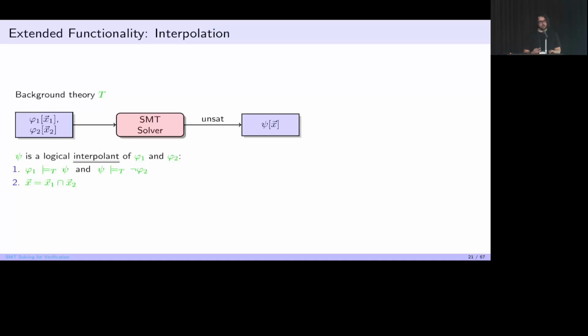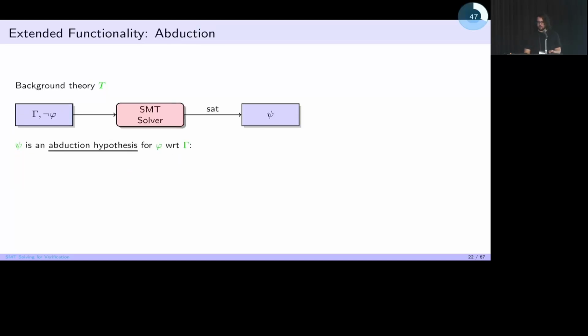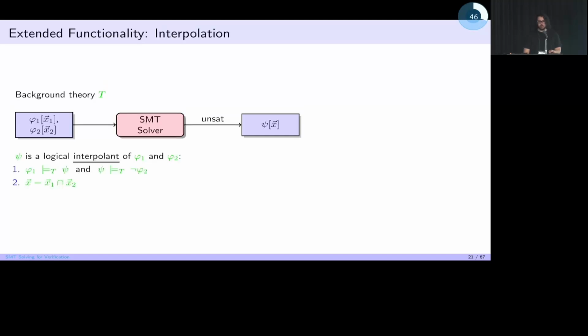And you are generally interested in this interpolant being only over the intersection of the variables that occur in these two formulas, and this has several applications in many domains, in formal verification and so on. Some solvers provide this functionality by default, computed in different ways. Some do this based on proofs, some do this based on other ways of generating these objects.